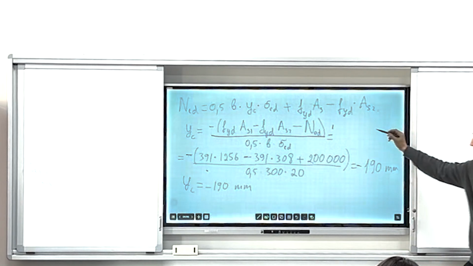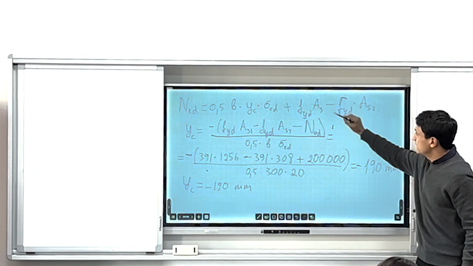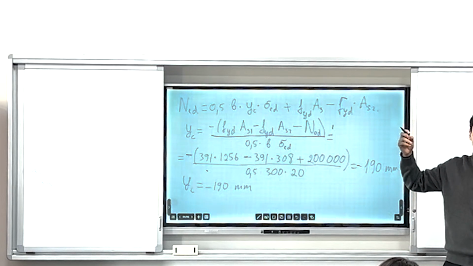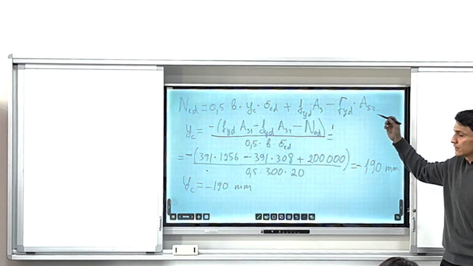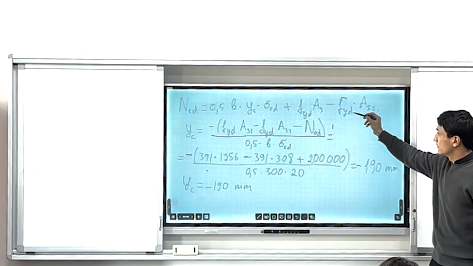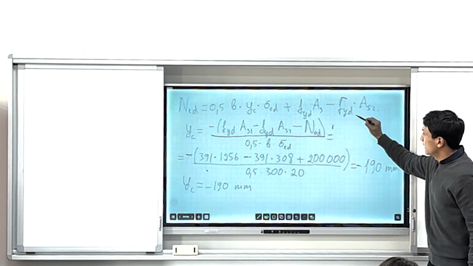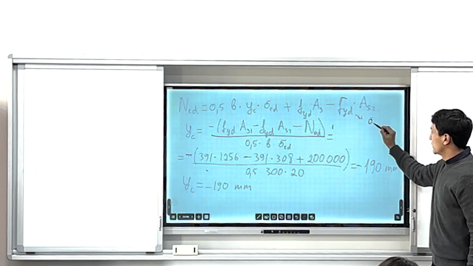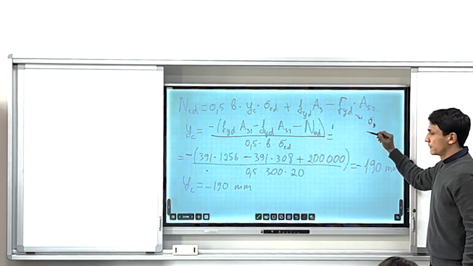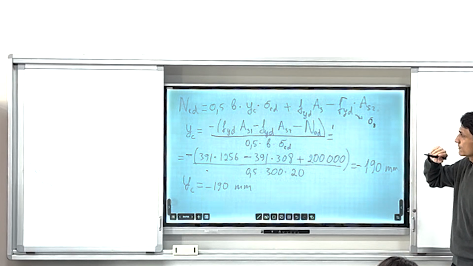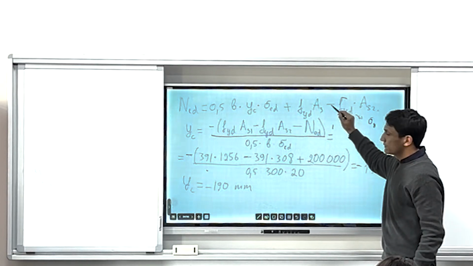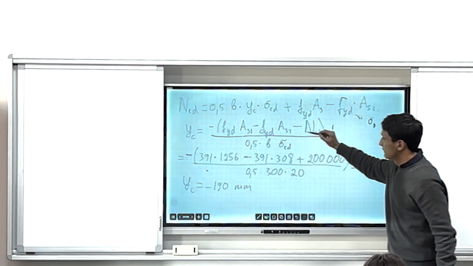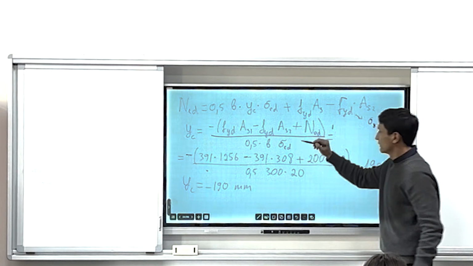Because for the sigma SD, which is the stress on the top rebar, I'm assuming that it is yielded, but it is yielded in compression. So when I'm assuming that it's yielded, I'm taking the stress as positive, sigma YD. Plus we wrote on the second line, yes, it was plus.